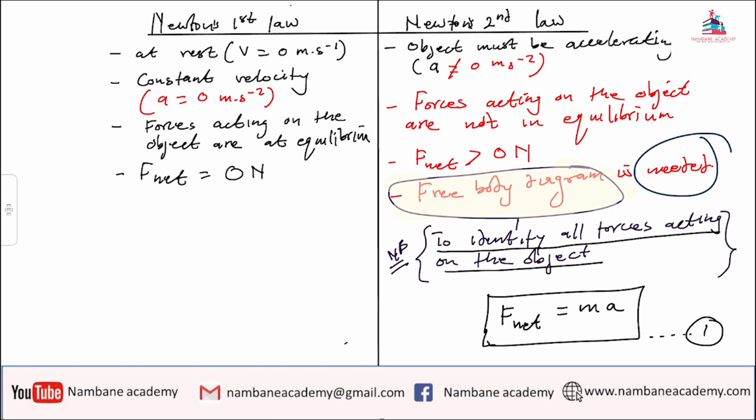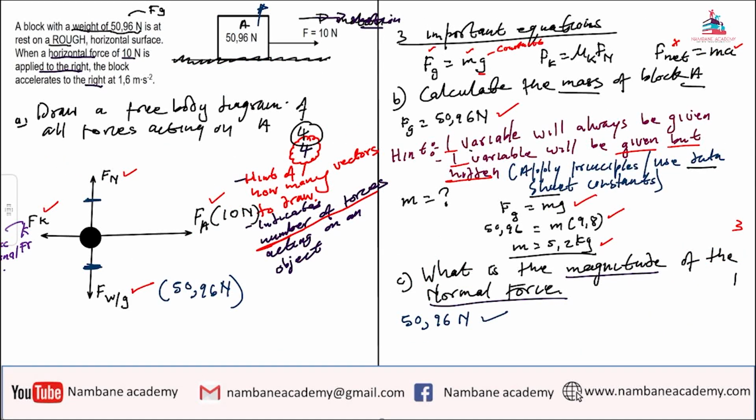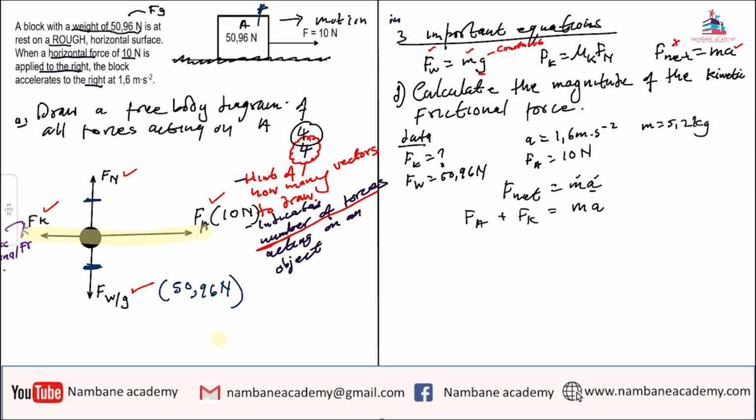So every time I'm going to apply Newton's second law, it is important to identify all forces acting on an object, but those forces must be in the direction of the motion. Like we agreed, it is moving to the right. So what must I do? It is moving horizontally. Look into the forces that are acting horizontally. Hence, those forces are Fk and Fa.